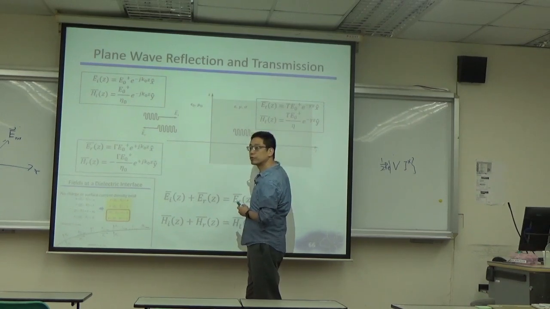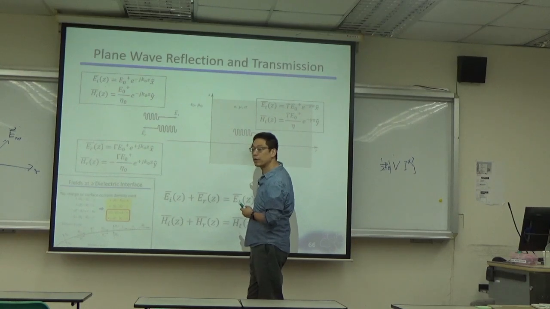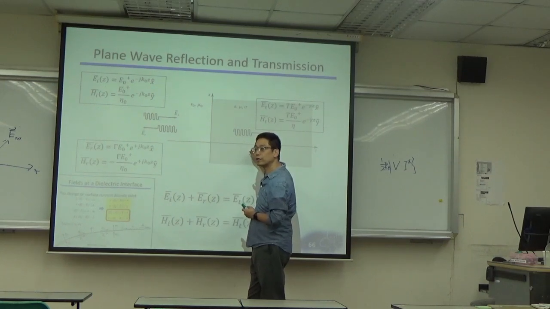We try to use the boundary condition, right? Do you remember the boundary condition of E? How about E and D? What is the equation for the boundary condition of E and D?